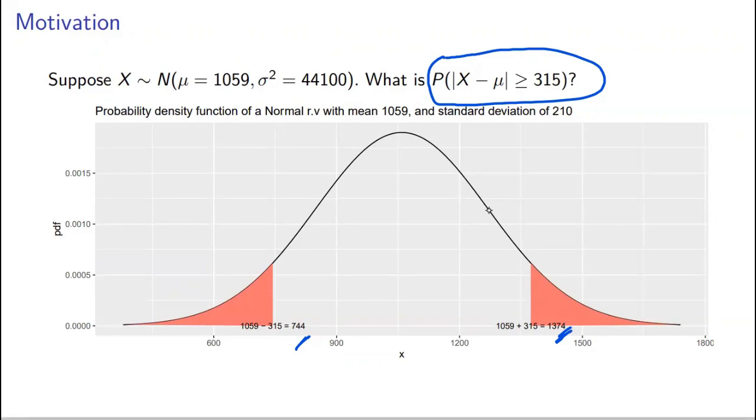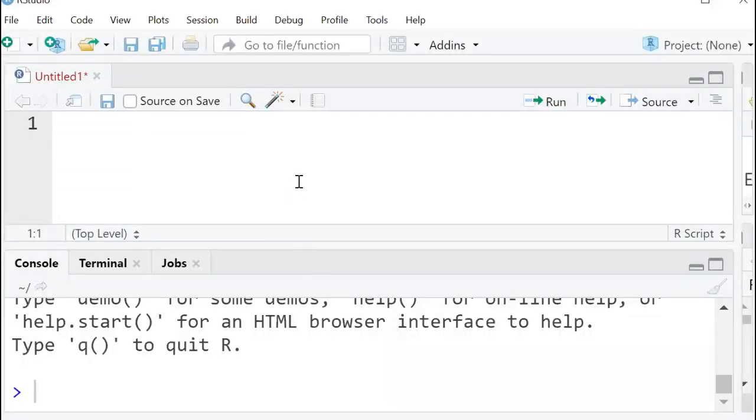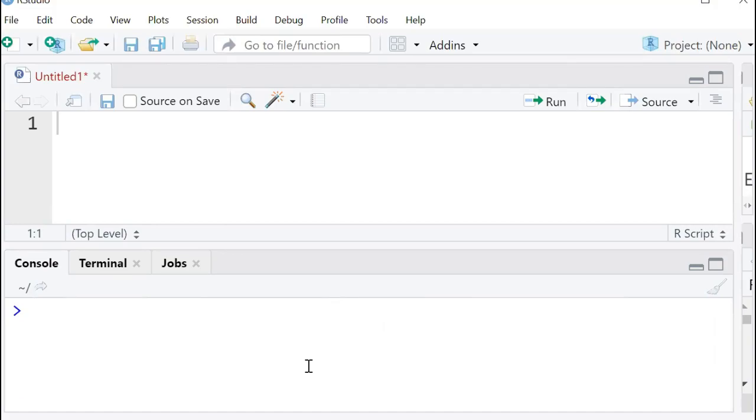I'm going to use software to calculate this probability quickly, but you could use normal probability distribution lookup tables as well. I will go ahead and use R. So I've got RStudio open here. If you want to calculate the probability of observing above or below some value of a normal distribution, you use the function pnorm.